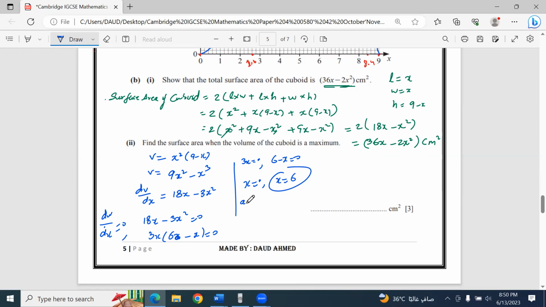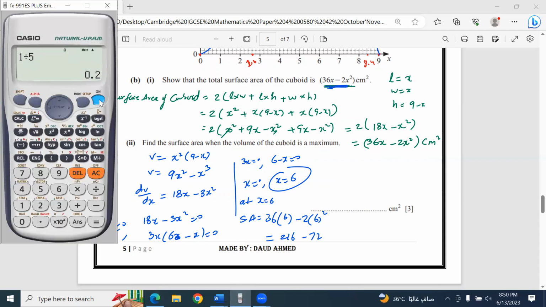So at x equal to 6, the required surface area will be what? Just now we showed the surface area and it is already mentioned here, 36x minus 2x squared. So 36 multiplied by 6 gives me 216, and 2 times 6 squared is 2 times 36, which is 72.